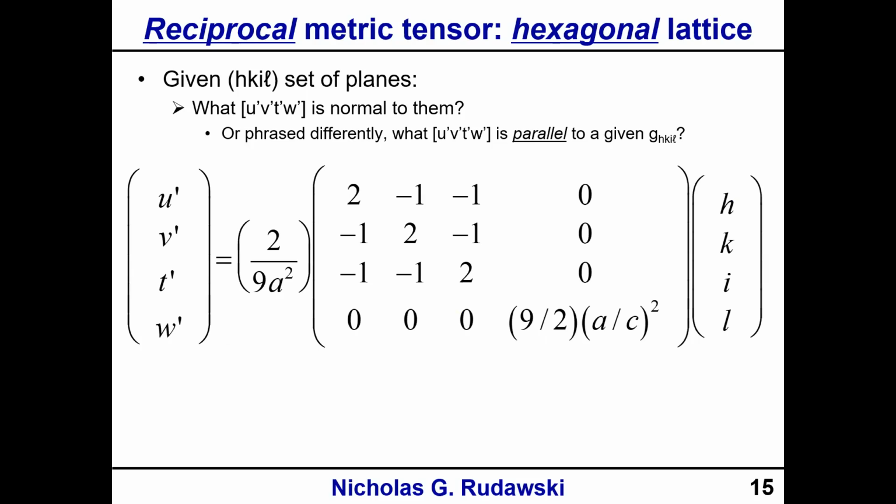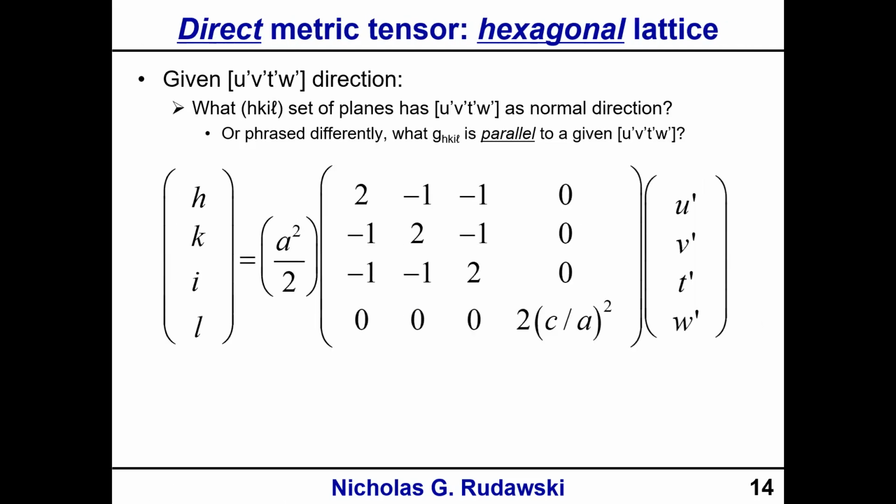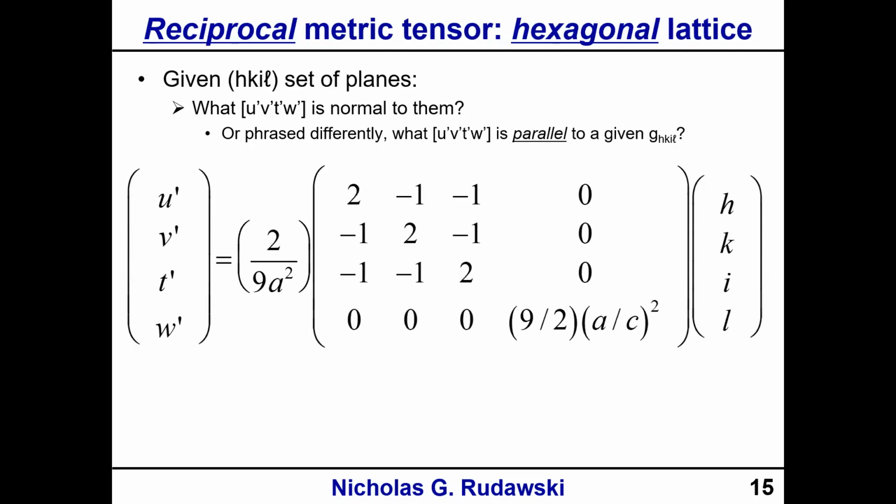Everything is the same between the two metric tensors. The only thing that's different is this last term in the diagonal. In the previous equation you had a 2 times c over a squared, and in the reciprocal version you have a 9/2 times a over c squared. But all of the other terms are the same.